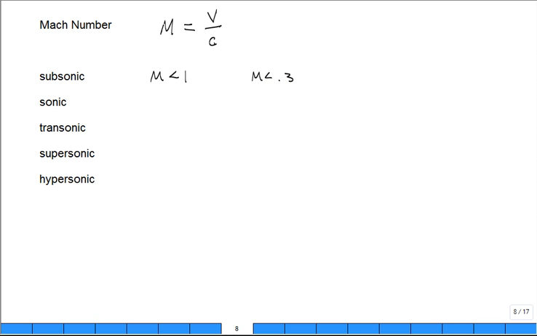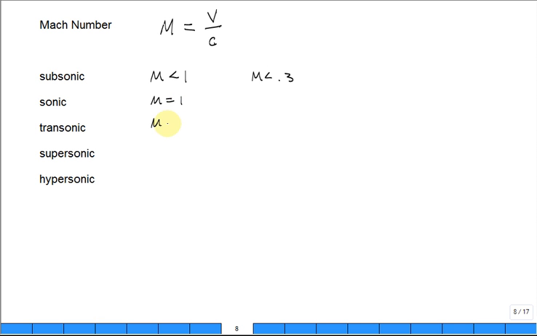Even for air, you can neglect it and treat it as incompressible if it's not going very fast. But as soon as you have air flowing around an object and you're starting to get above 0.3, 0.5, 0.8, you better watch out, because you have the possibility of compressible effects not being negligible, because air is compressible. Sonic, that's when the Mach number is 1.